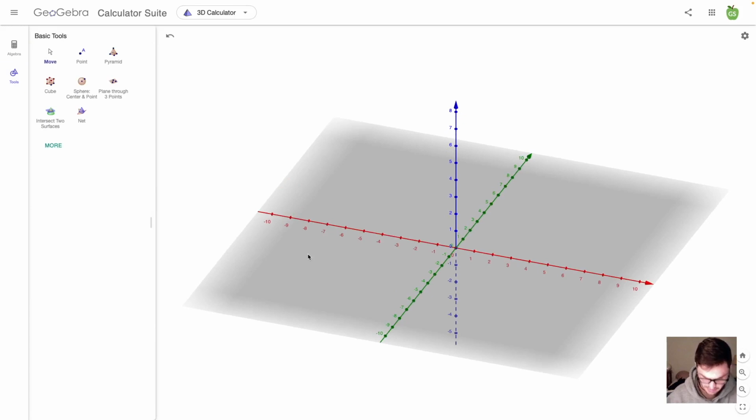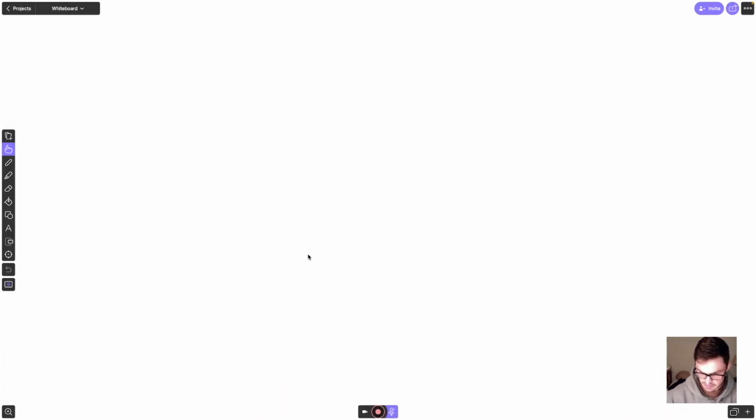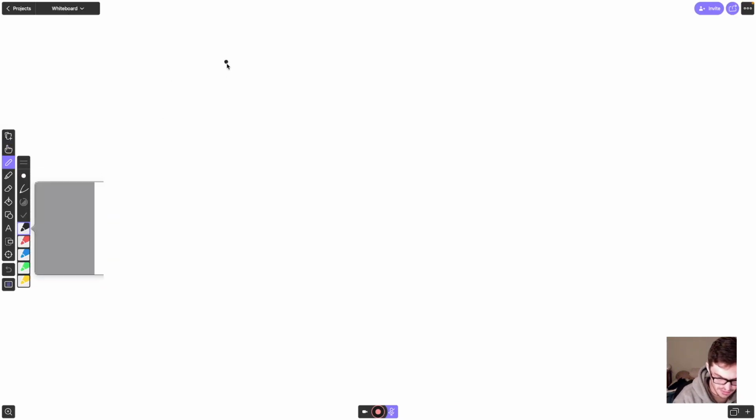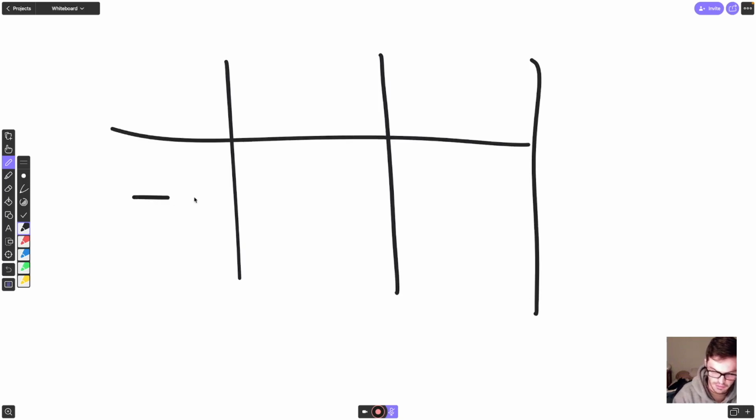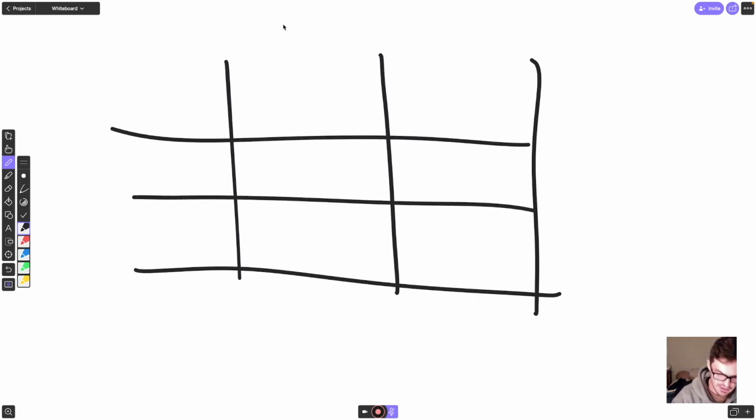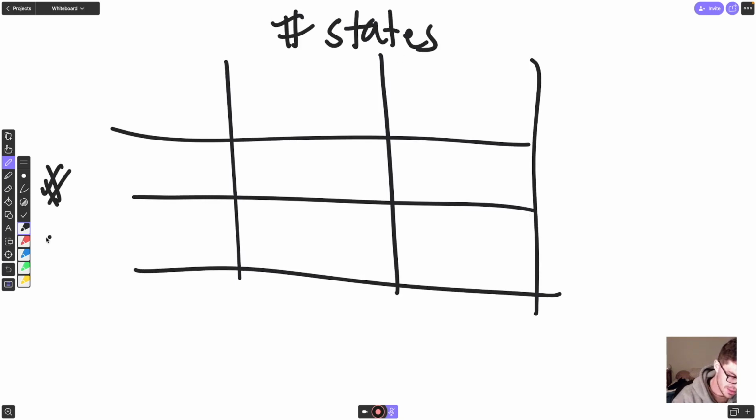Here's where we are. Actually, I'll go ahead and just write that out. So what did we start with? Number of states, and then number of assets.